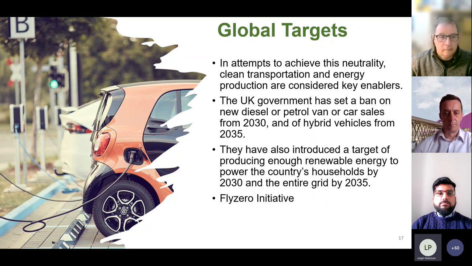With the ban coming in for new diesel or petrol cars, and hybrids five years later, as well as targets here in the UK for how much renewable energy can power the country, it's definitely coming in, and it's coming in quite fast. There's also the Fly Zero initiative, which is looking at aircraft, which David touched on. So it's not just sticking within cars and energy, it's definitely going beyond the scope. We envisage that it will go across multiple more industries quite quickly.